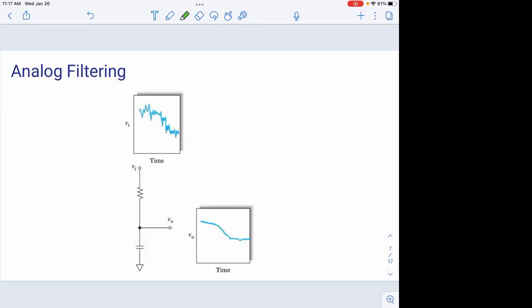So an example, if the original signal is up here at V sub I, the y-axis of the first plot at the top, and we're talking about time on the x-axis, you can see, right, that the low frequency component of this waveform goes like this, whereas the high frequency component is the one that's so variable, like this, right?